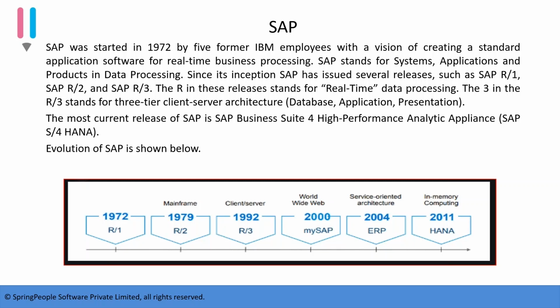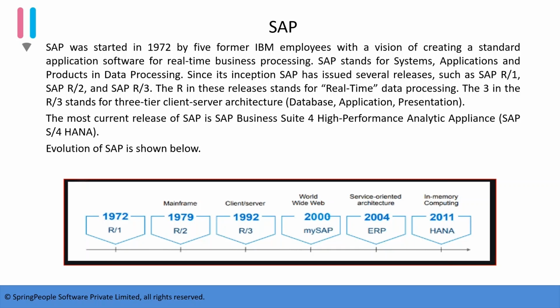These five former IBM employees were working on an ERP project. Somehow IBM scrapped that project. So these 5 employees came out of IBM and started their own company. That company is now called SAP. So in a way, it was IBM's loss.